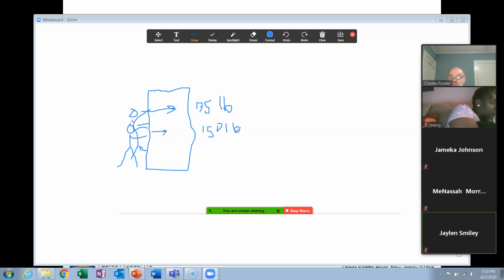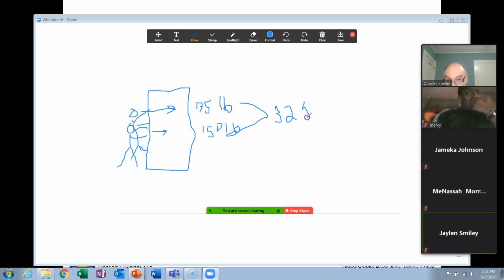Add the two forces together, and what do you have? 175 plus 150, 325. So the total force on the crate is 325 pounds of force.